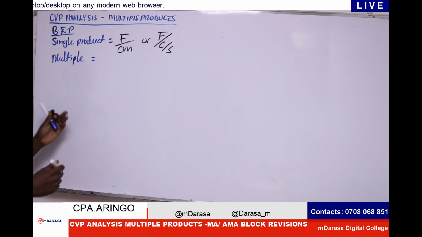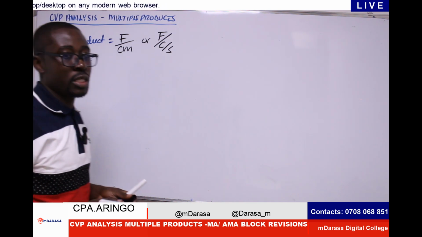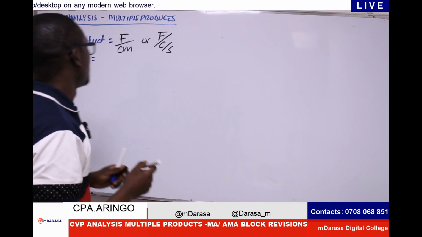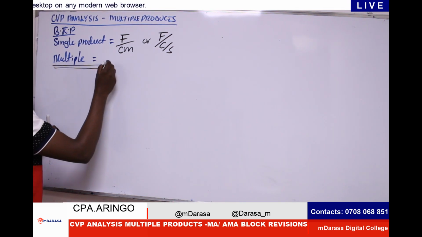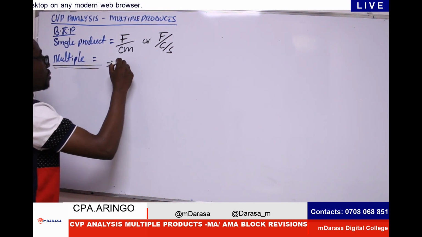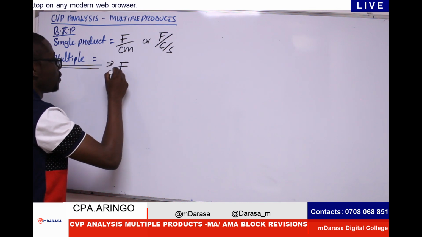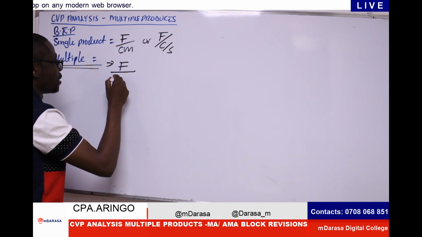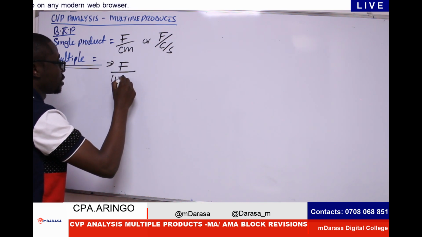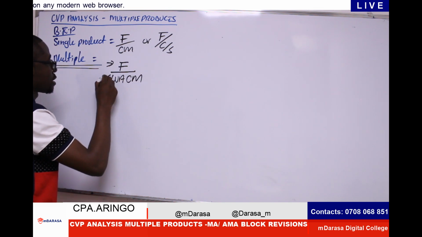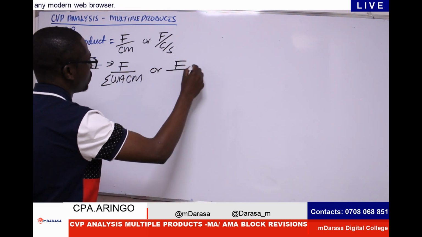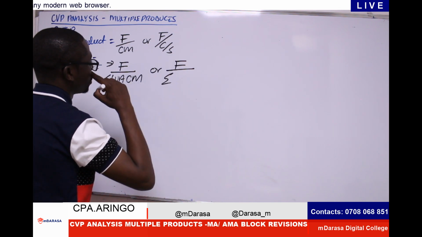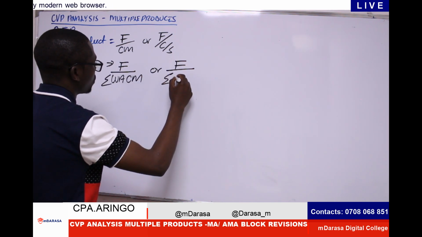Now, when it comes to multiple products, I should take you back to what we did. Anytime you talk about multiple products, you must always remember our formula: fixed cost divided by the weighted average contribution margin, that is, you can take your fixed cost divided by the summation of, this is what?